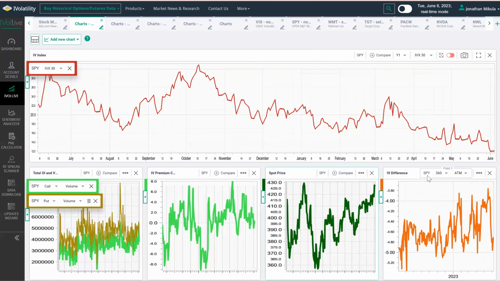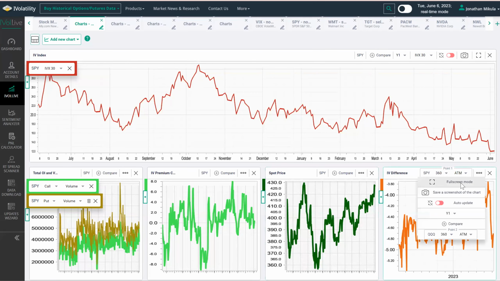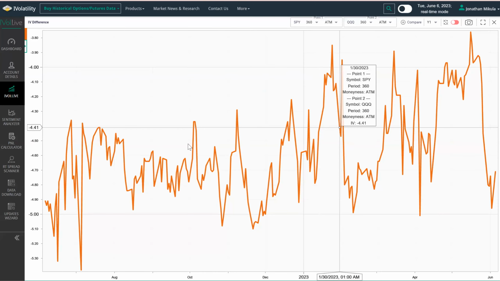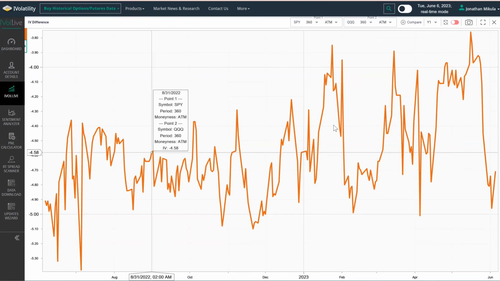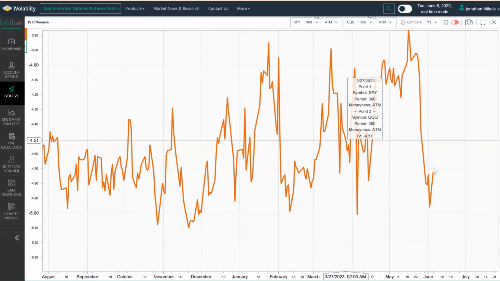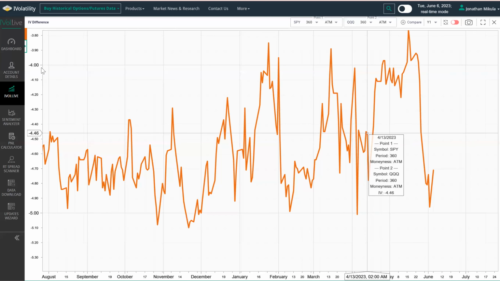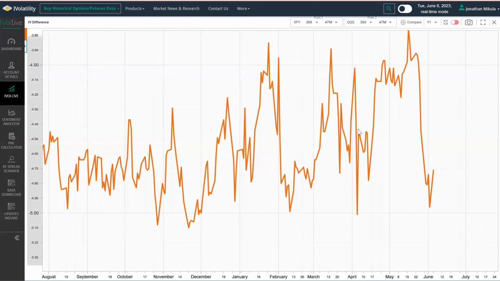You'll see the chart view will automatically update. We can click here on those 3 bullet points to go into full screen mode. Down here on the x-axis we have date, and on the y-axis we have the difference between the implied volatilities.